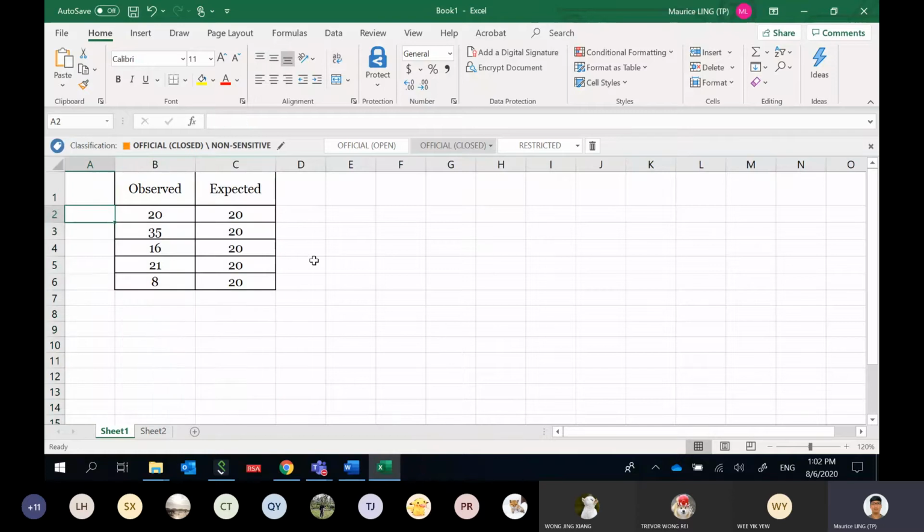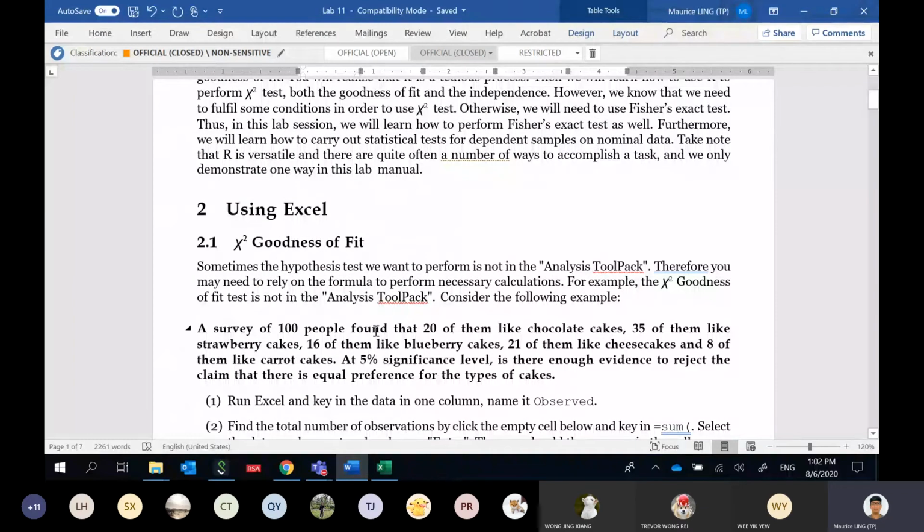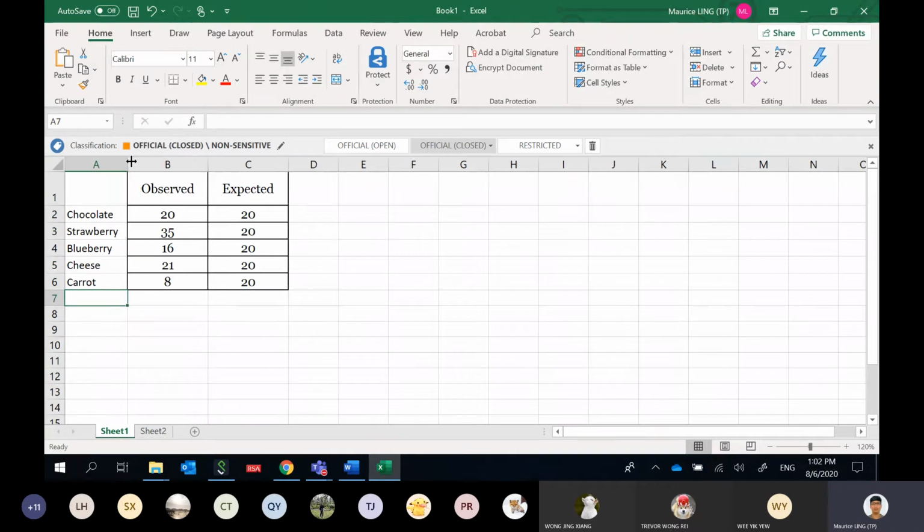So this will be chocolate, strawberry, blueberry, cheesecake, and carrot cake. Let's do this first and make sure you have the data in front of you in Excel.